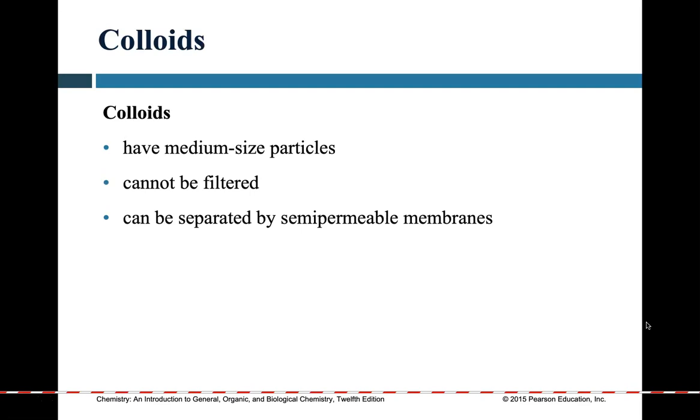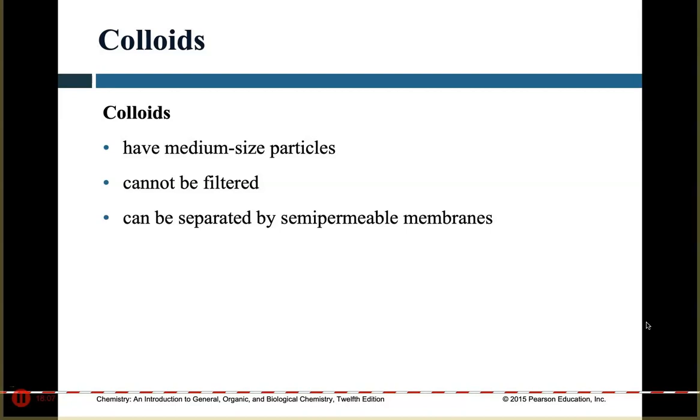So what is a colloid then, if we already defined what a solution is? Well, a colloid is going to have, instead of small or tiny particles, medium-sized particles. Remember, this is medium compared to the size of an ion, which is incredibly small, right? So you can have colloidal suspensions of some moderately soluble ions.